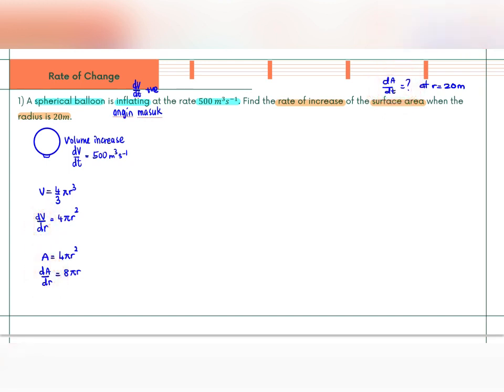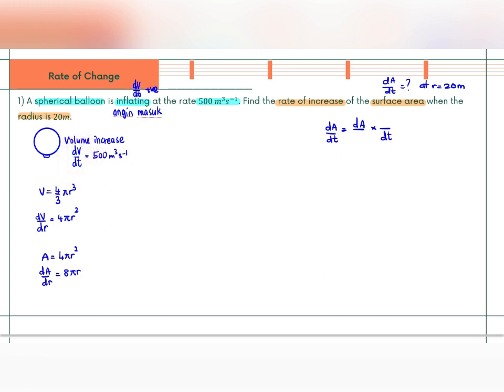Sebelum itu saya write dahulu equation kita. Kita ada dA over dt. Kita perlukan dA over dt. So dA over something darabkan something over dt. Okay, so sekarang ni kita tak tahu kita nak buat over something ni over apa. Okay, tapi kita ada information ini, dV over dt.